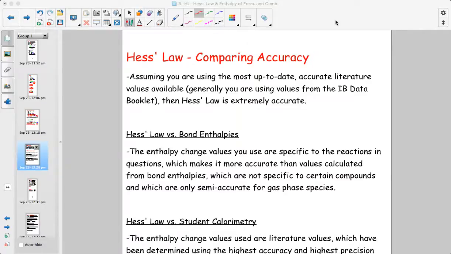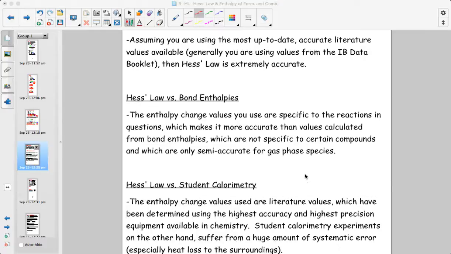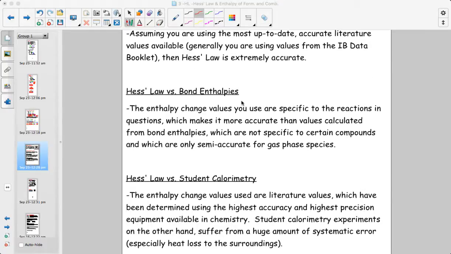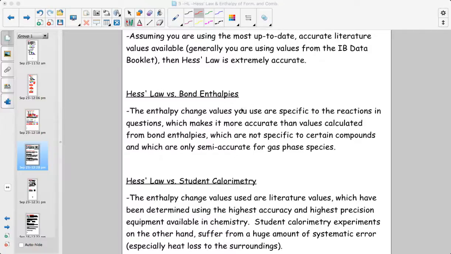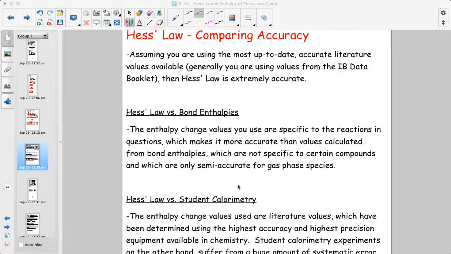So in terms of accuracy, you've noticed that there's a lot of questions in energetics that ask you to compare different methods of calculating a delta H. We've seen questions already that talk about what's the problem with using bond enthalpies, or what's the problem with using calorimetry to calculate enthalpy changes.